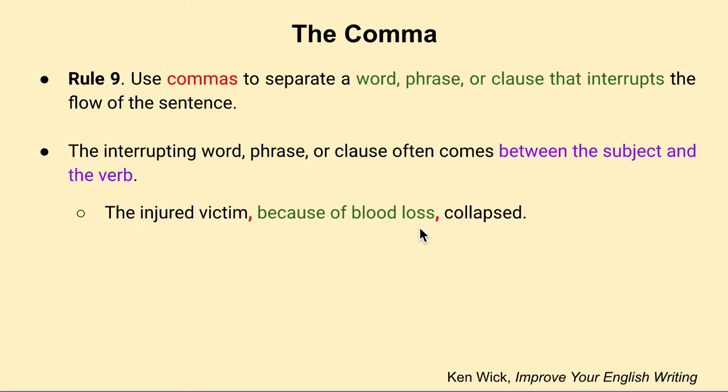The injured victim, if you just take out the stuff between the commas, the injured victim collapsed. So now we get a phrase here between the subject and the verb, and it's interrupting the flow of the sentence. Therefore, we put commas around it. The injured victim, because of blood loss, collapsed.